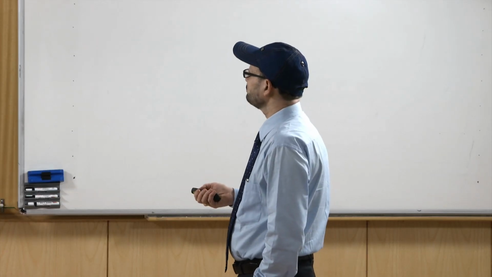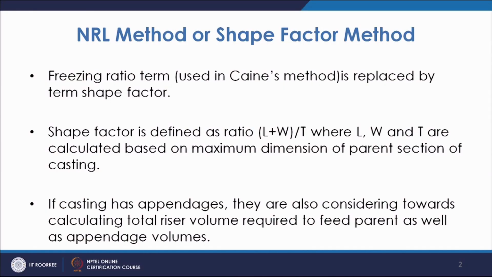So, this Naval Research Laboratory method was suggested, in which on the x axis, in place of the freezing ratio, L plus W by T is used, and that is known as the shape factor.